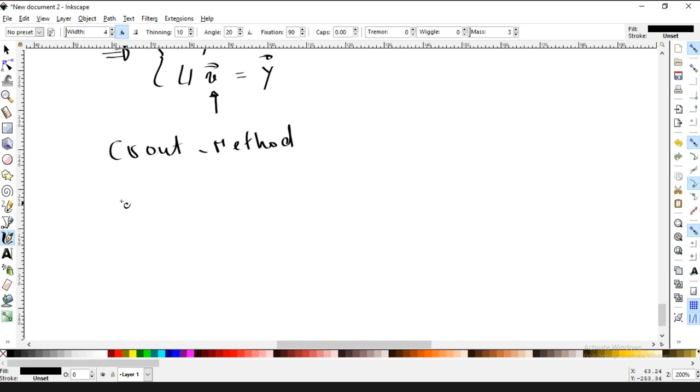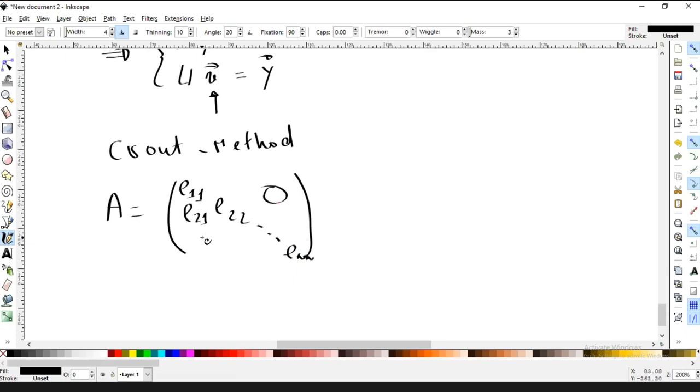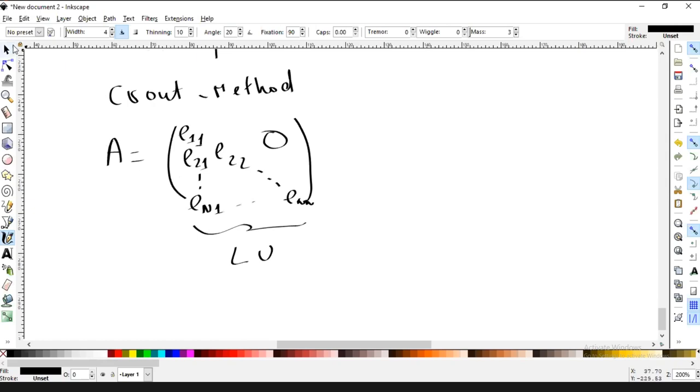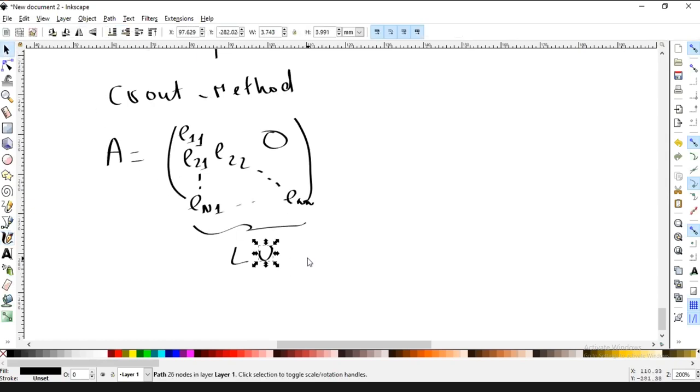So for example, I have L11, L22, LNN, so this is my lower triangular, L21, LN1, etc. So this is my matrix L. I want to find the elements of the matrix L and the elements of the matrix U.